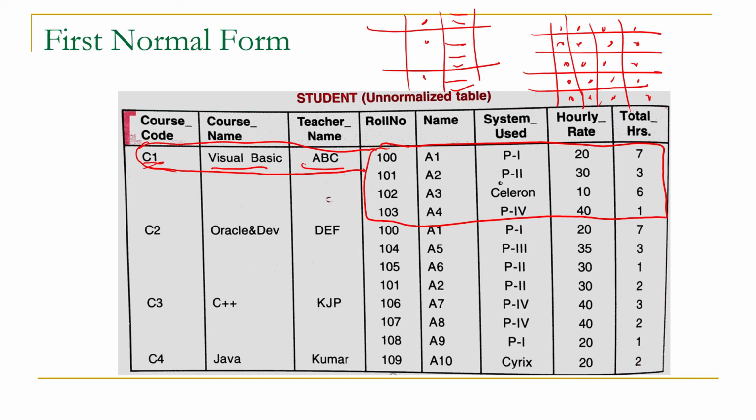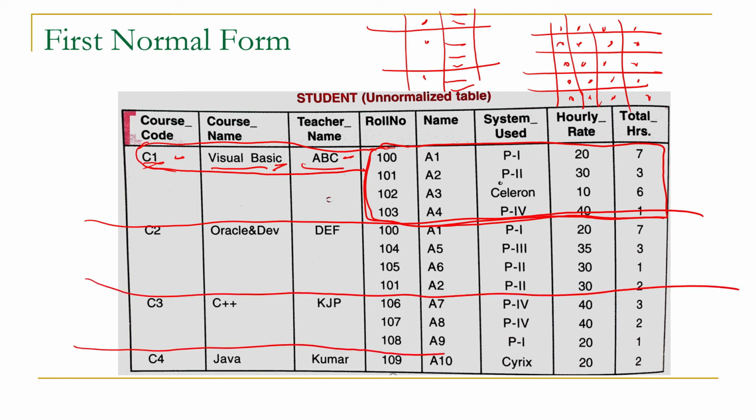You can see that here we have one value, one value, one value, but here I am getting multiple values. If I group the information on the basis of course code, here I have one value, but in this group I get multiple values. These multiple values are not allowed in first normal form.